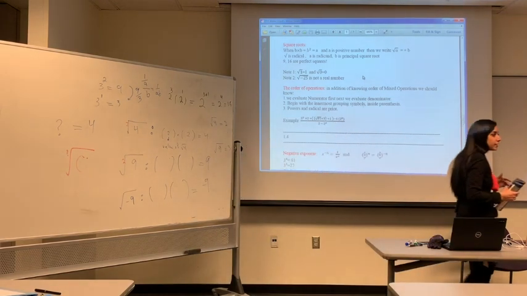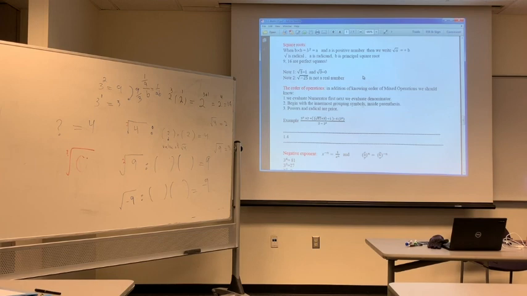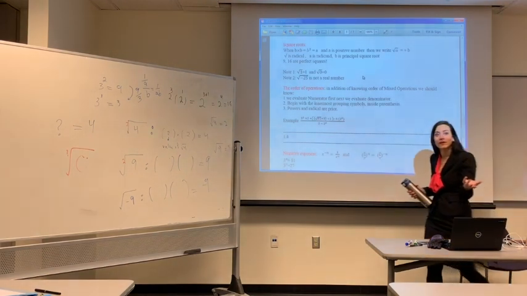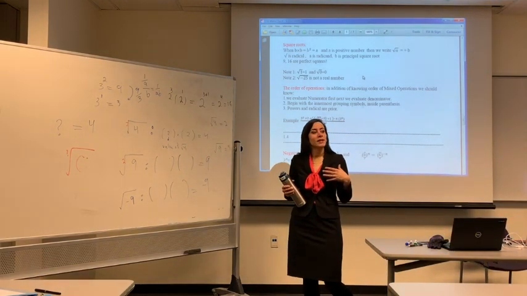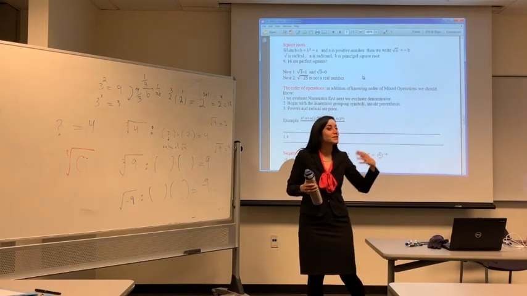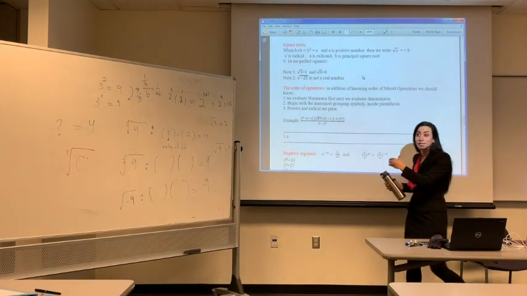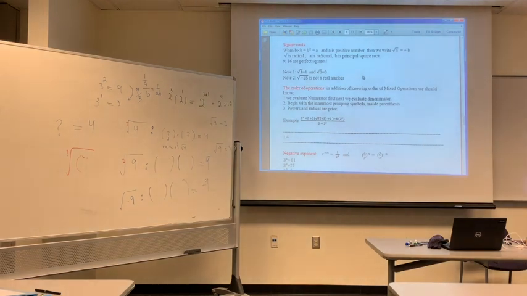What happens if we have a fraction? What happens if we have a radical? Because now we learned radicals. What happens if we have a power? So now the steps will be different. The priority is something else now because we already learned about radicals and powers.